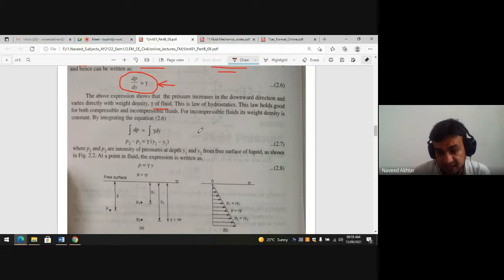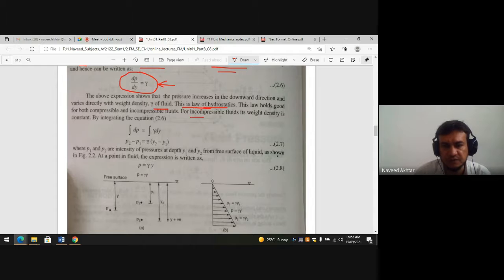What we are learning here is static fluid. This is the law of hydrostatics. This law holds good for both compressible and incompressible fluids.